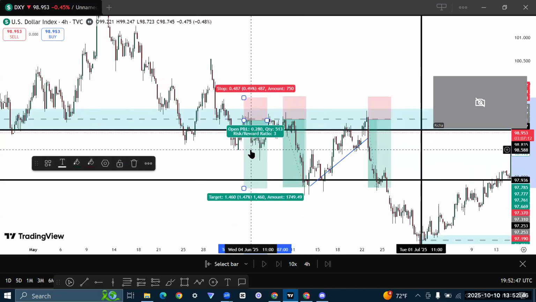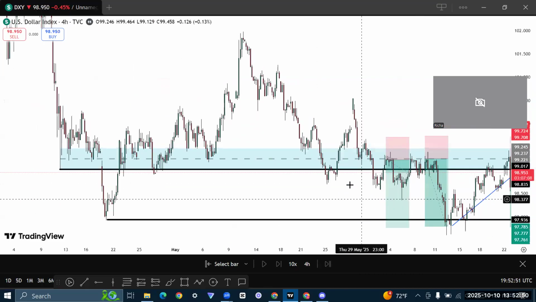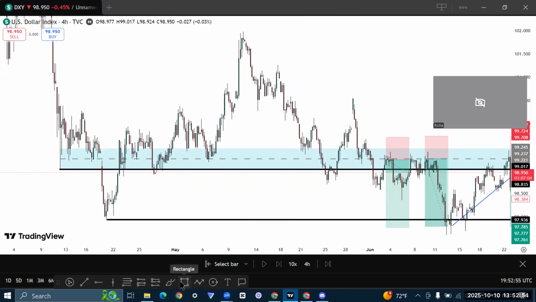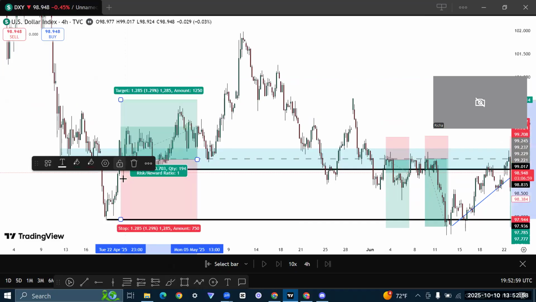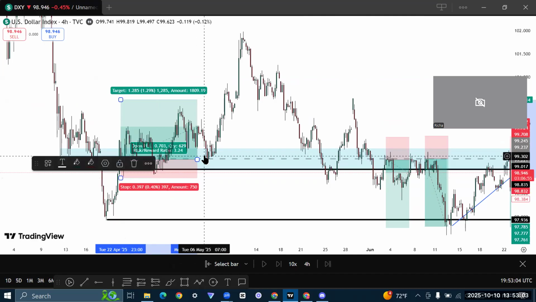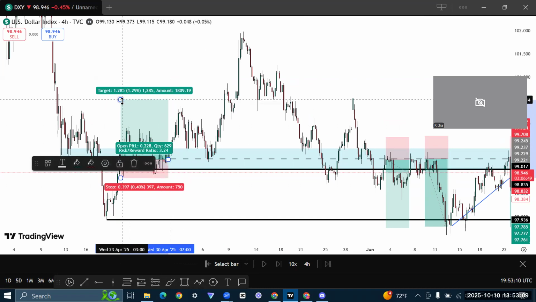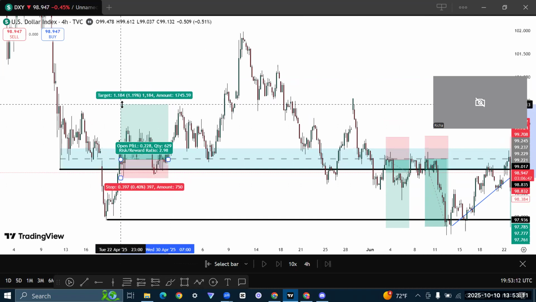Every time price comes back to the 50%. Every time. Then when price was above, you want to take buys every time price comes to that 50%, with a decent stop loss, targeting a 1 to 3.